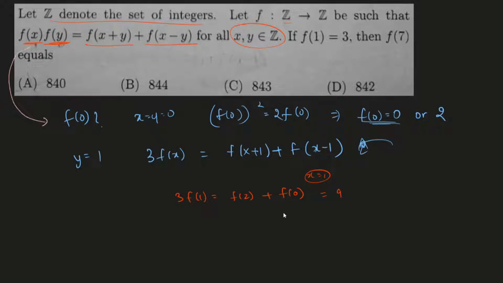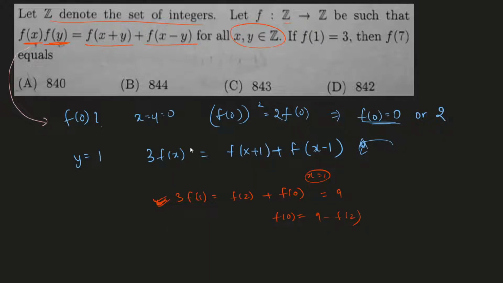So f(0) is equal to 9 minus f(2). What is the other way that we can obtain f(2)? One other way is to try putting in x equal to 1, y equal to 1. That's just been done right there.